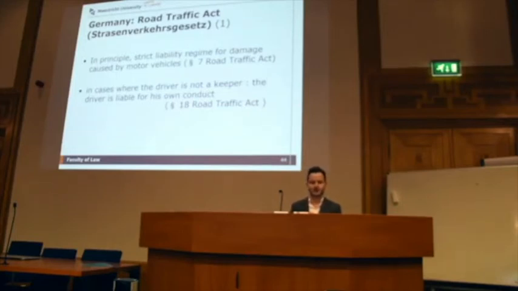Therefore, by default, road traffic cases are dealt with the strict liability approach. However, in cases where the driver is not the keeper, for example a keeper's partner, the strict liability rule does not apply and focus is switched to fault liability.